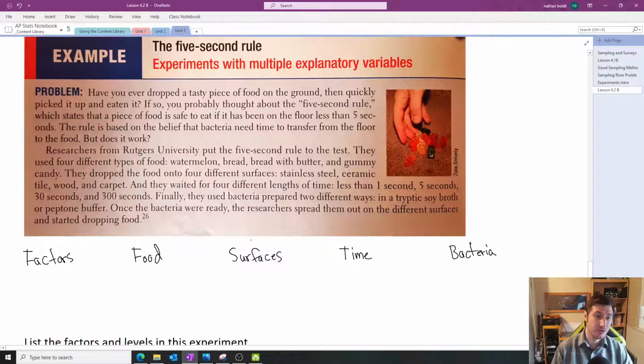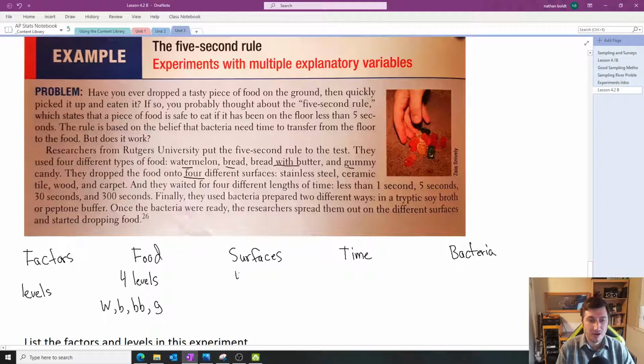All right, so what about each one's levels? How many levels of food were there? Well, they had watermelon, bread, bread with butter, and gummy candy. So there were 4 levels here. Surfaces, how many surfaces? 4 different surfaces here.